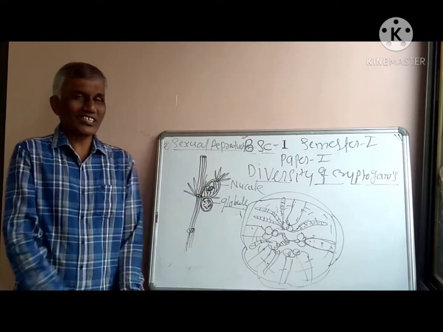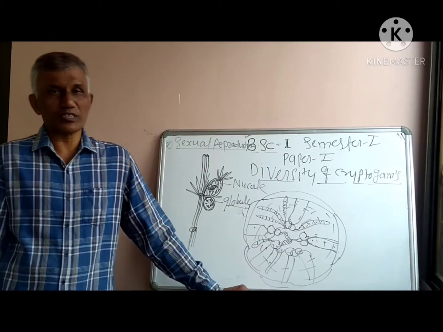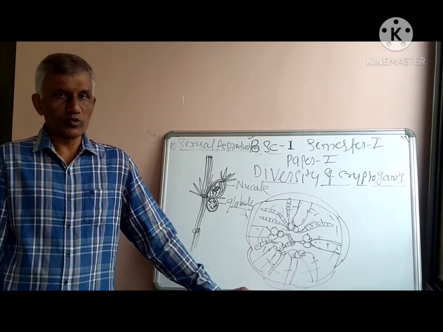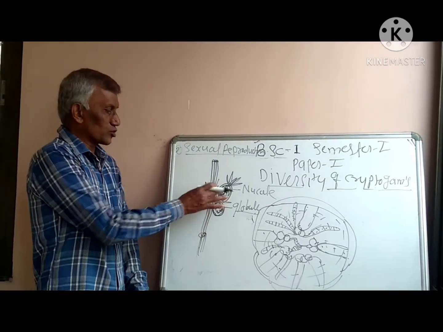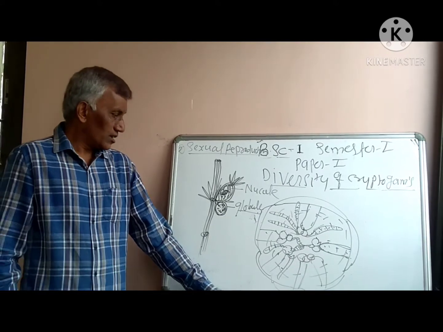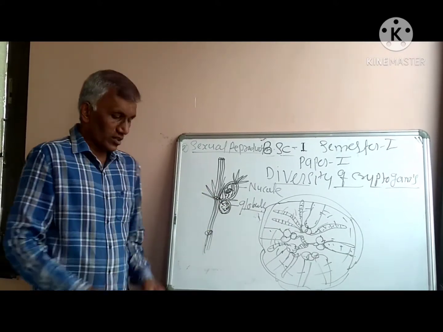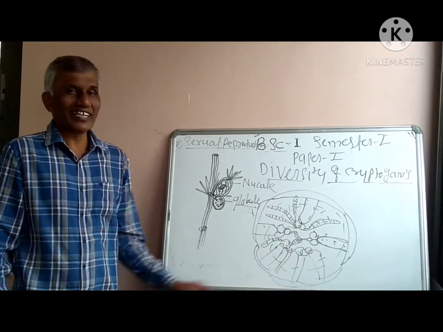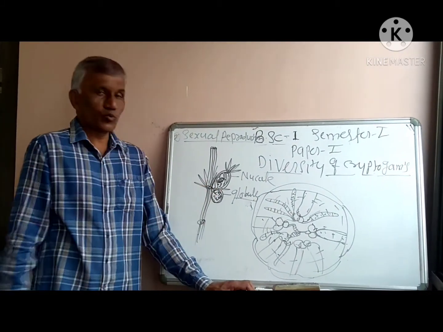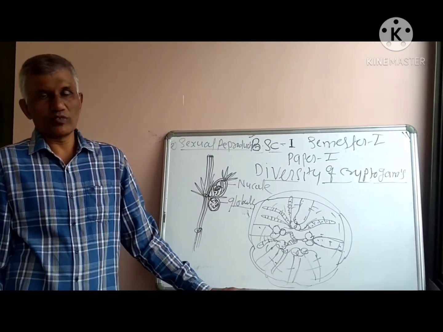And their position is very specific. The nucule is just above the globule, meaning the position of these reproductive bodies, that is nucule and globule, is very specific. Then you have to write down a side reading of the structure of globule and structure of nucule.